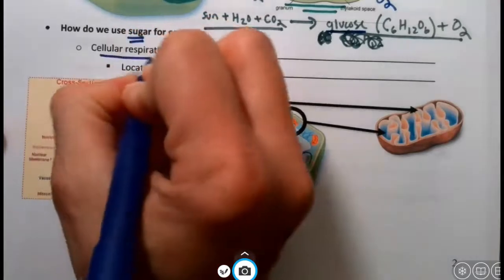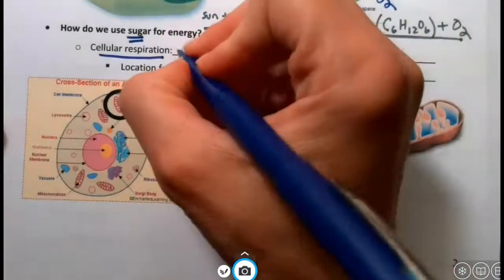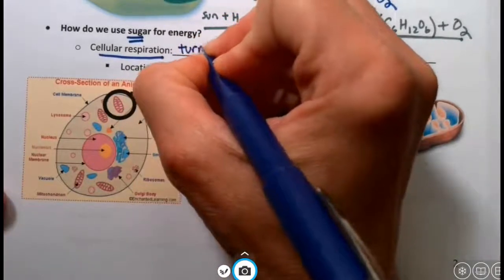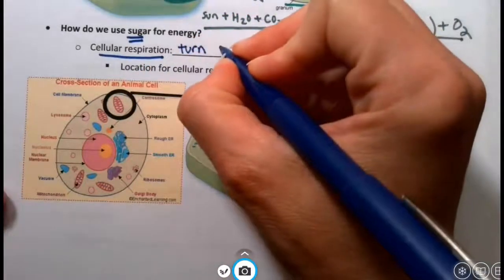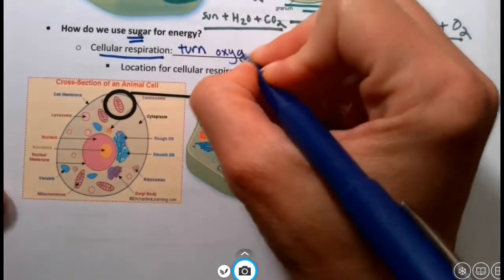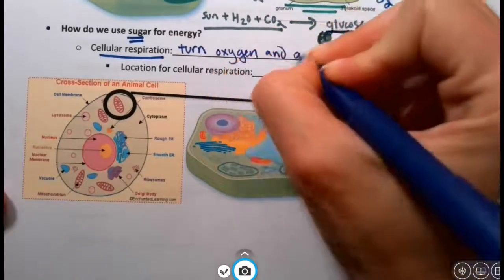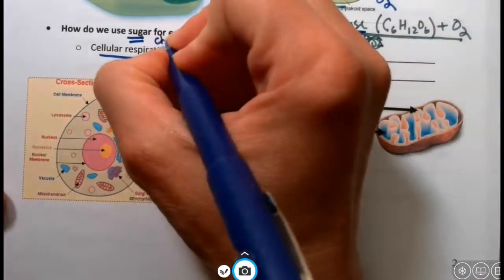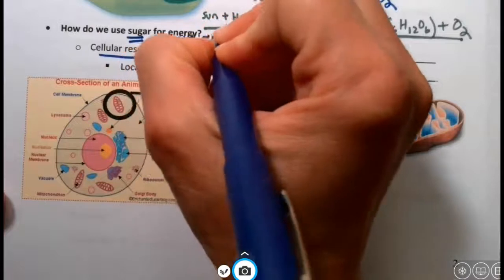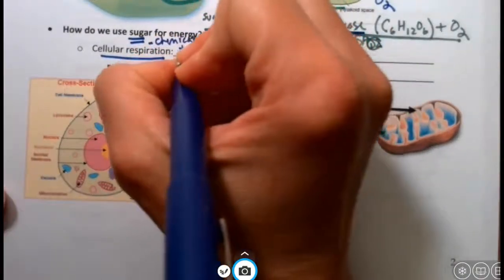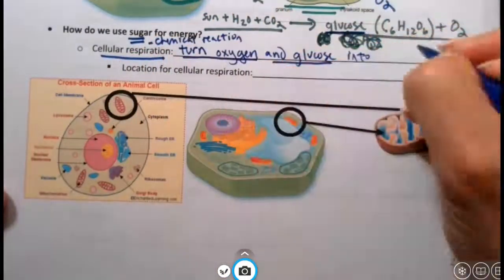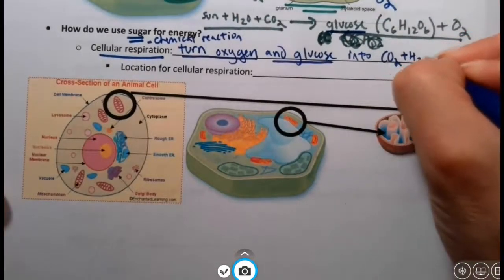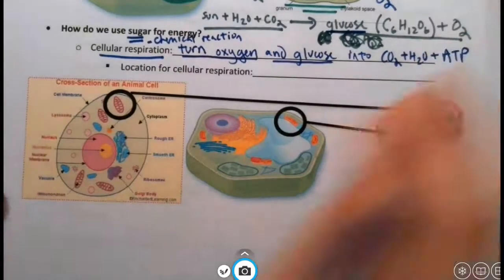Well, in cellular respiration, this is a chemical reaction that allows us to turn oxygen and glucose into carbon dioxide, water, and ATP.